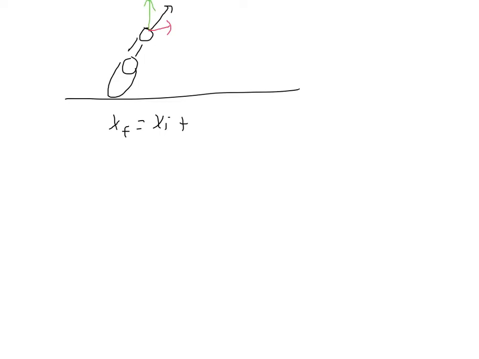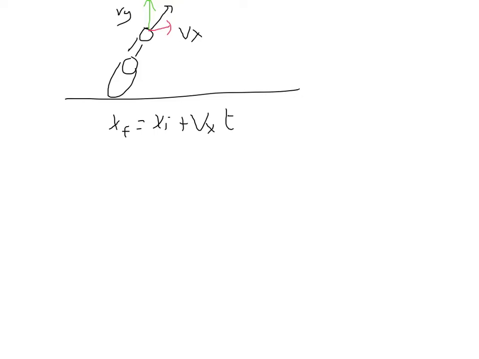For the x movement, I'm only interested in the x component, which I'm going to call Vx. And you get a prize if you guess what I'm going to call the y component. Yay, Vy.